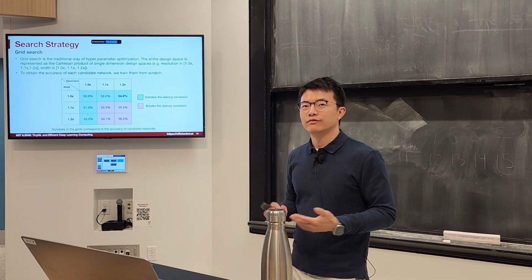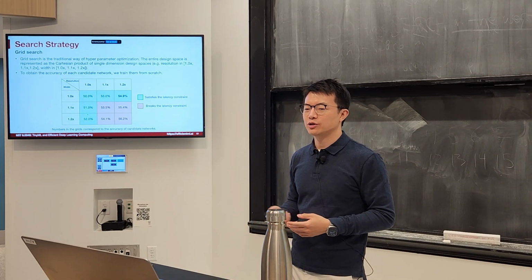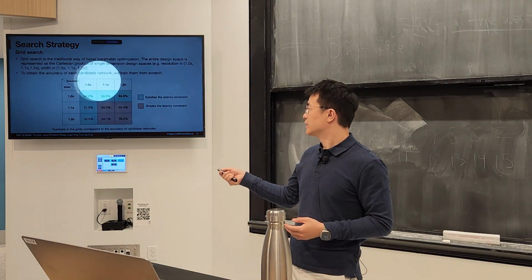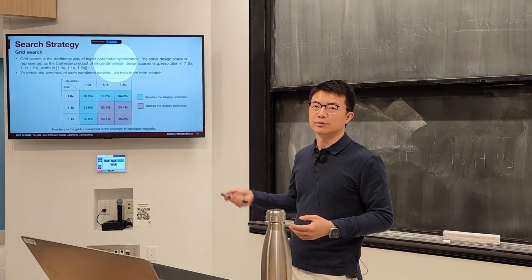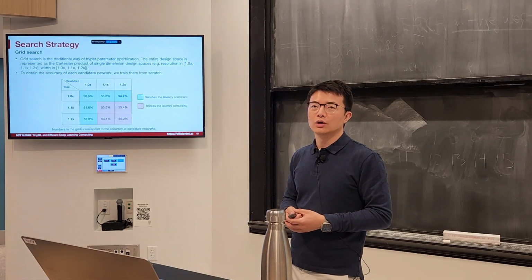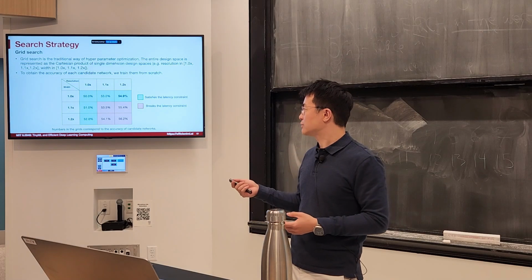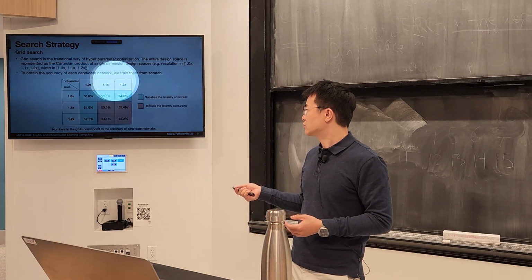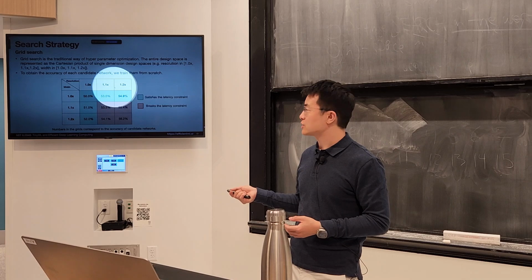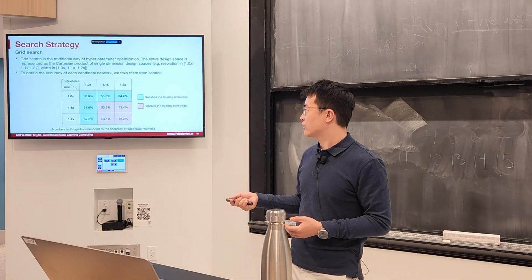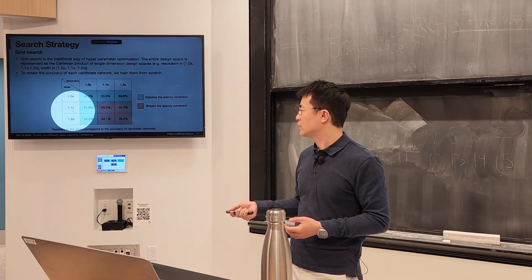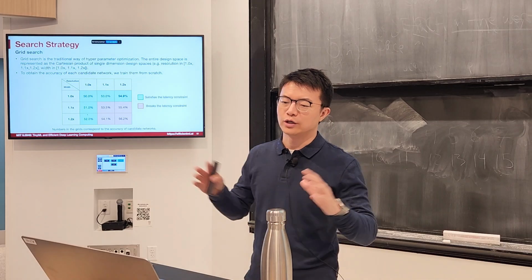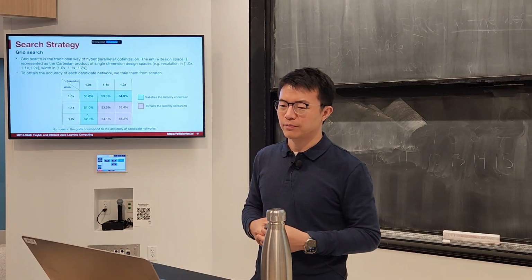So grid search, very traditional way of parameter optimization. You can have many degrees of optimization. In this scenario, we use two for illustration purpose. One is the resolution, 1x or 1.2x or 1.1x. The width, either 1.1, 1.2. So we are trading off between resolution and width.